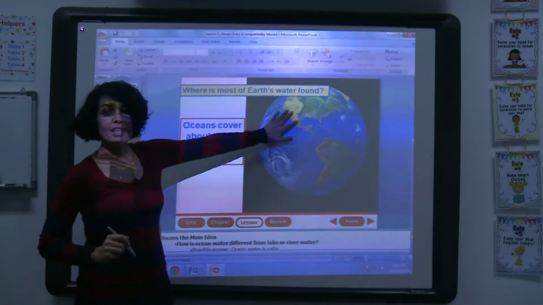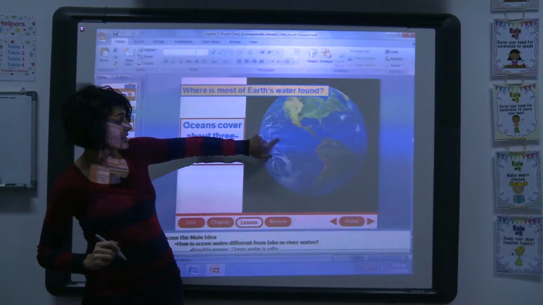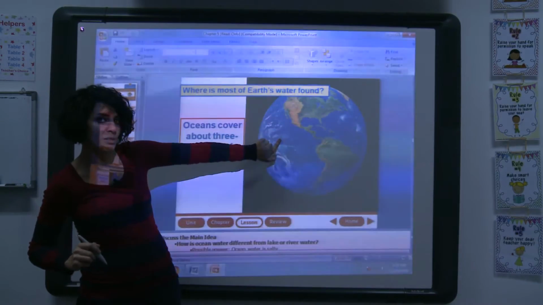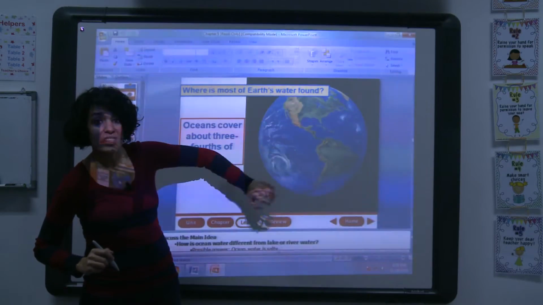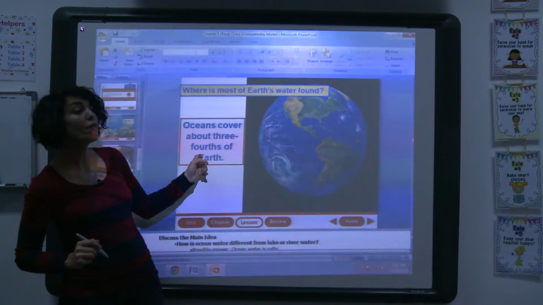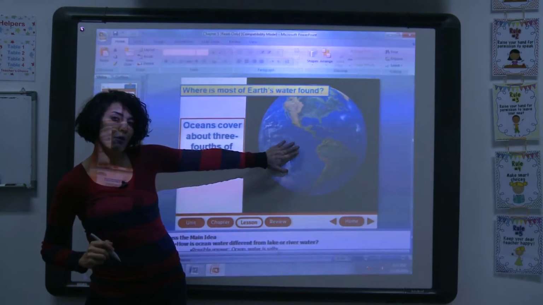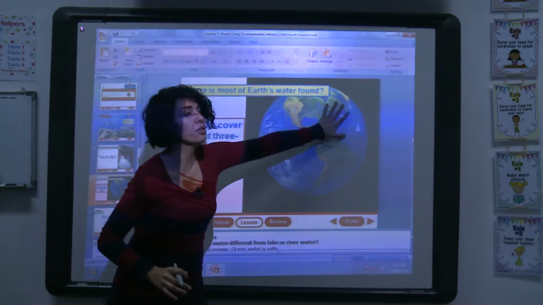Okay, now as you can see, this is the earth. As you can see here, the blue color, what does it mean? The blue color means that this is the ocean. Now, oceans cover about 3/4 of Earth. This is the Earth.